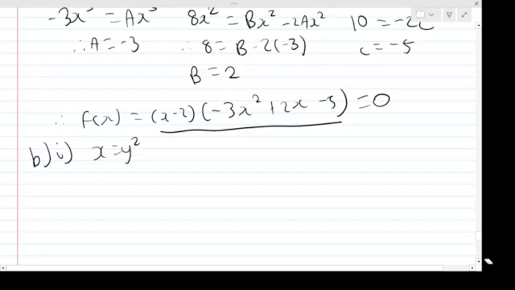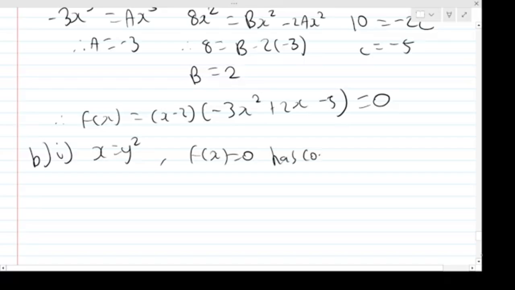So I'm going to say f of x is 0 has roots, so each fat bracket equals 0. That means x equals 2.